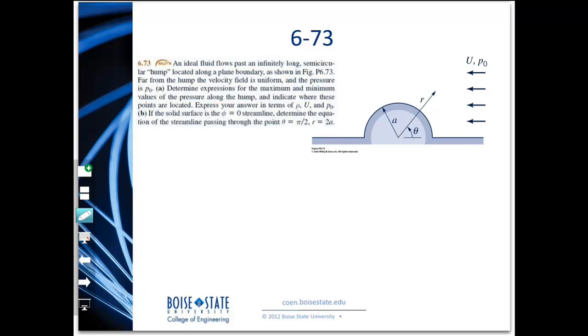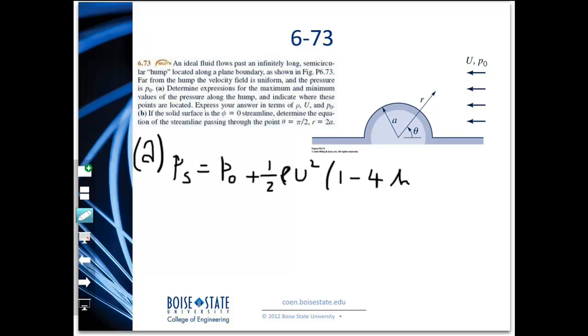So again, we have to look back on some of the analysis for flow over a cylinder on pages 313 and 314, and you will find the surface pressure on the hump, which is P surface, is P0 plus half rho U square times 1 minus 4 sine square theta. Okay, so now we have to determine when this surface pressure is maximum and also minimum.